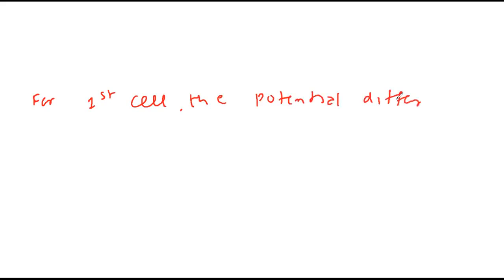So for the first cell, the potential difference between points A and B is E1 minus I1 R1.